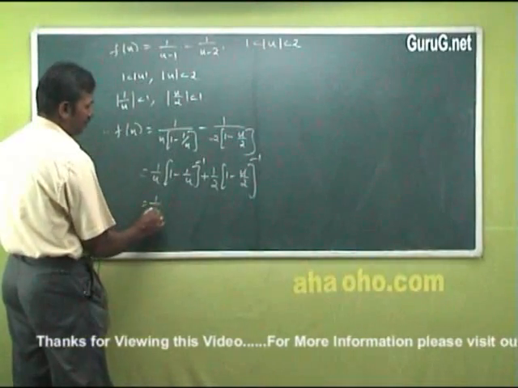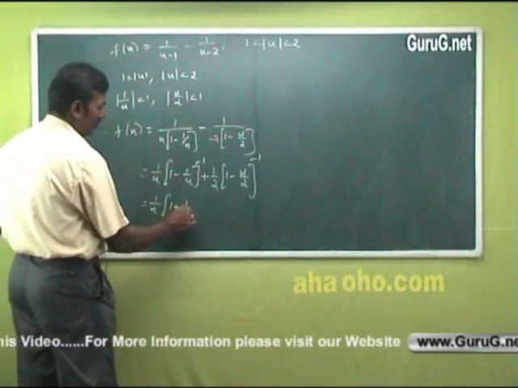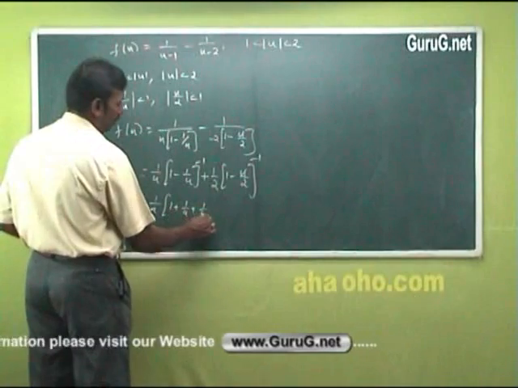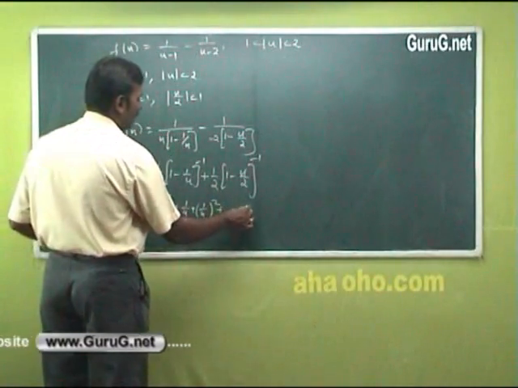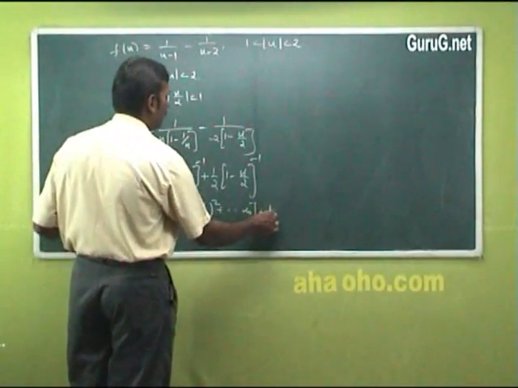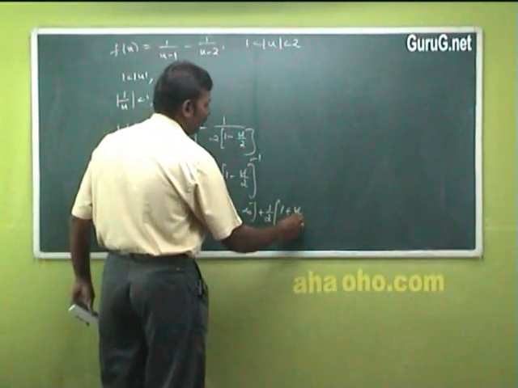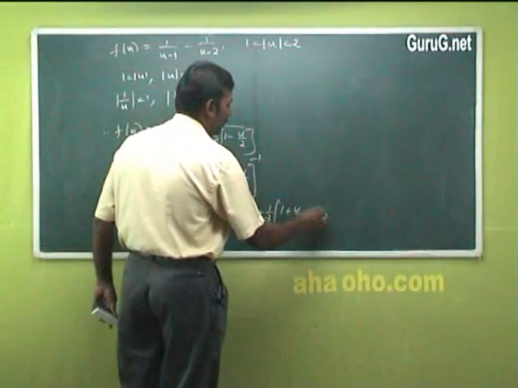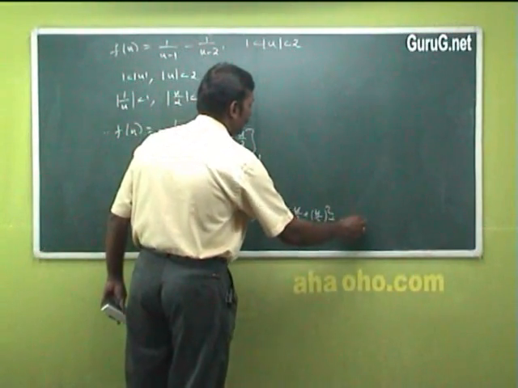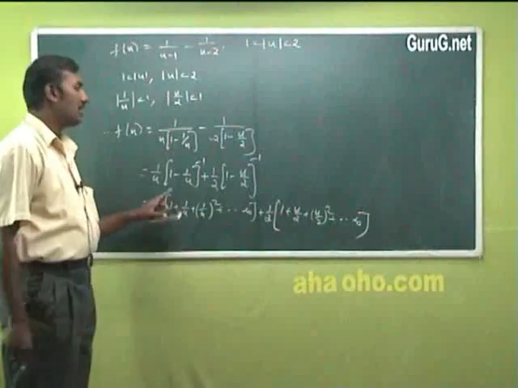So 1 by u, so 1 plus 1 by u plus 1 by u the whole square plus etc. to infinity. So plus 1 by 2 into, we expand this, 1 plus u by 2 plus u by 2 the whole square plus etc. to infinity. Now you replace u by z plus 1.